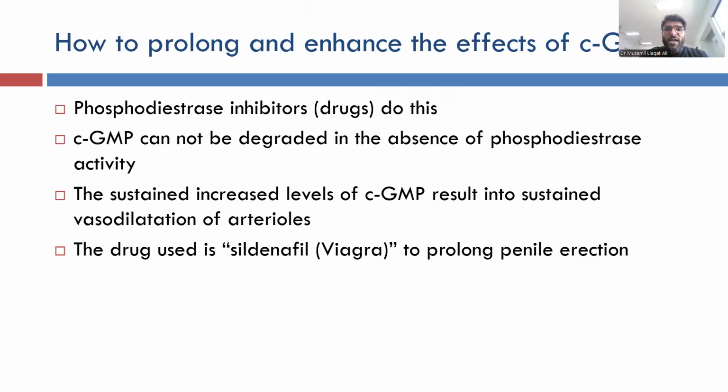That leads to sustained high levels of cGMP, which leads to prolonged activation of the PKG molecule, and that leads to prolonged smooth muscle relaxation and ultimately causes vasodilation, and that leads to erection, right? In erectile dysfunction, this allows increased blood flow into the corpora cavernosa when nitric oxide is released during sexual stimulation. In pulmonary arterial hypertension, the same mechanism reduces pulmonary vascular resistance, right?